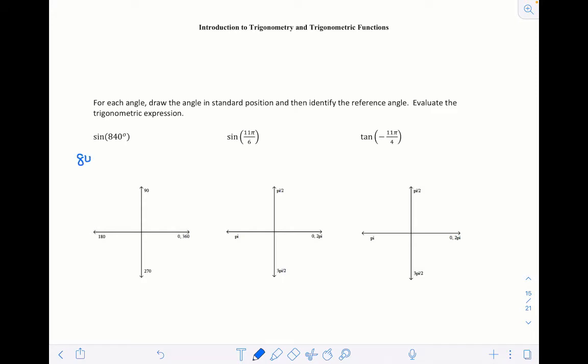So 840 minus 360 is 480 degrees, still too big, so I would subtract another 360, which is 120 degrees. Then we're going to draw it in the correct quadrant here. That's going to be in quadrant 2.